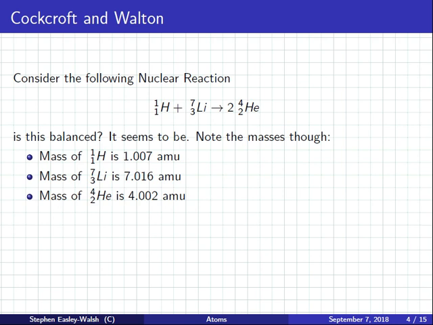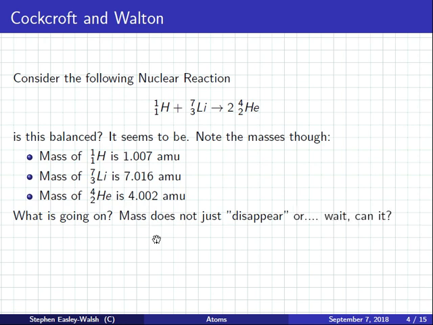You have 2 masses, you put them together, and the result is a little smaller. Now, what's going on here? Mass does not just disappear, right? Or does it? Is there something missing here?